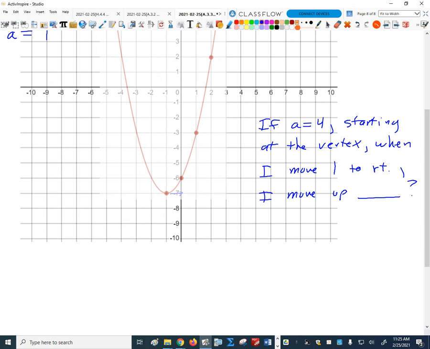Fill in the blank. If a is equal to 4, when I go 1 to the right, I should move up how far?